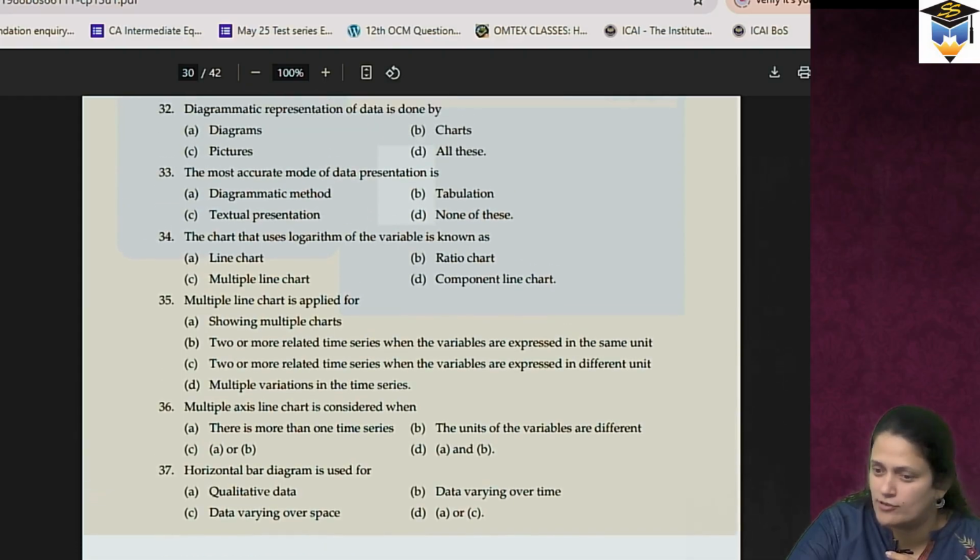I have to complete this today. Yes, Omkar, tell me. I guess it will be in line chart or multiple line chart somewhere, because they have not given anything regarding ratio chart, also component line chart is not there. So between A and C, tell me which is the correct option.